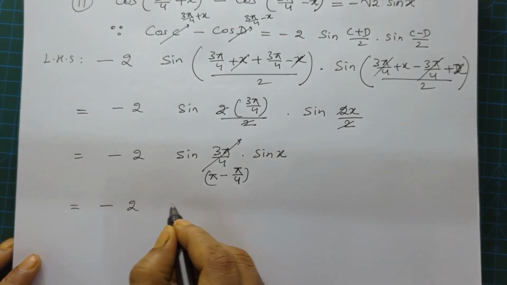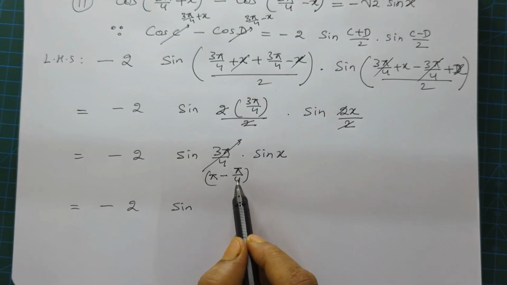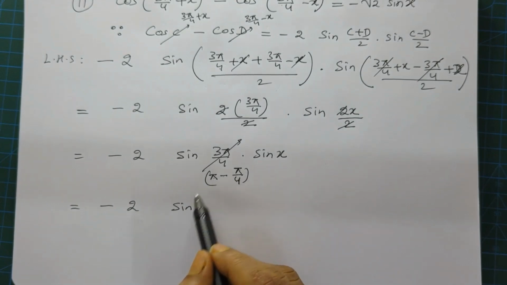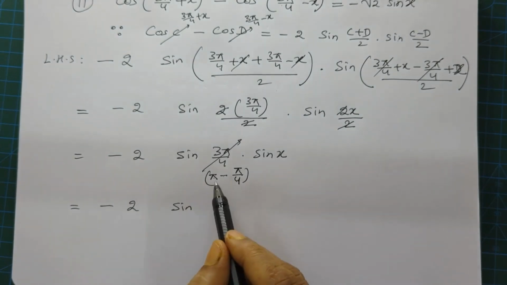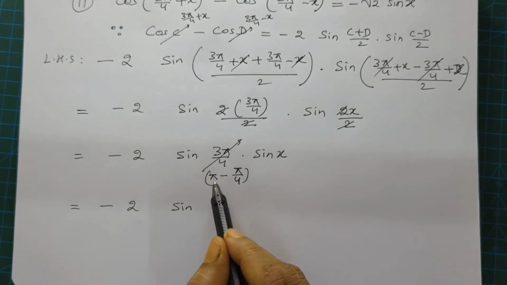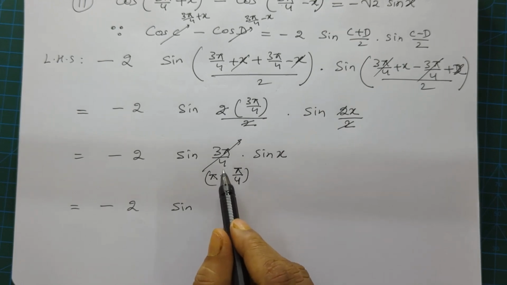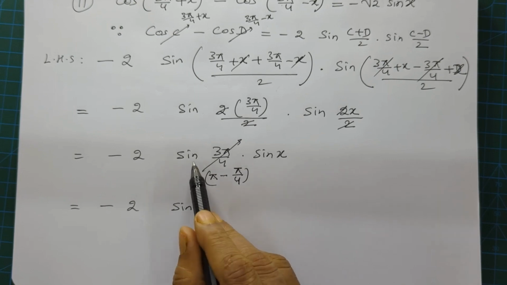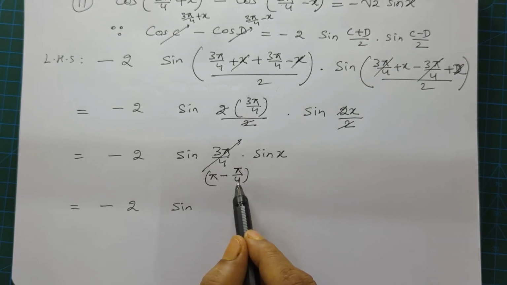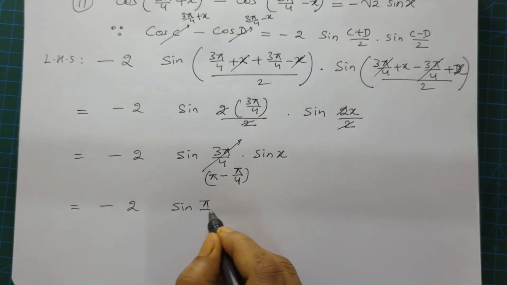Ultimately negative 2 sine of (π − π/4). With respect to π, sine remains sine, so I did not change this. This angle is in the second quadrant, where sine and cosecant are positive. So sine of (π − π/4) is positive sine of π/4.